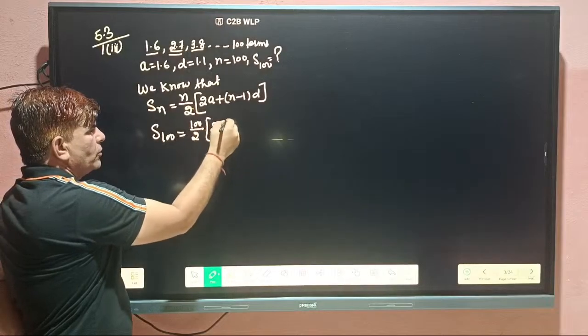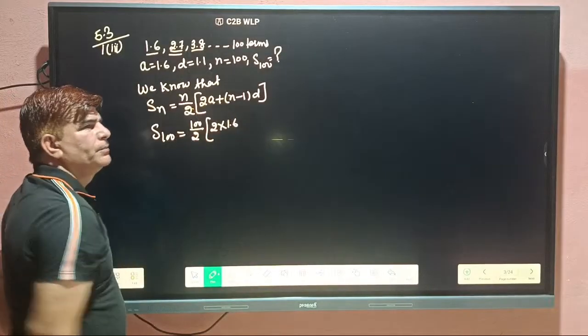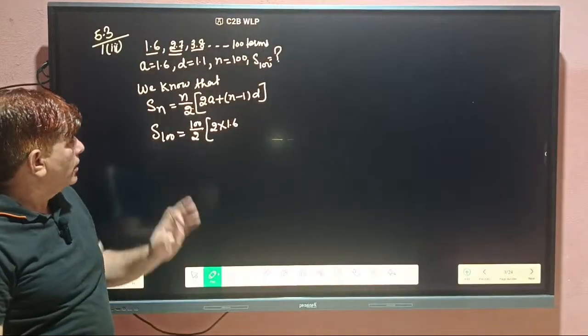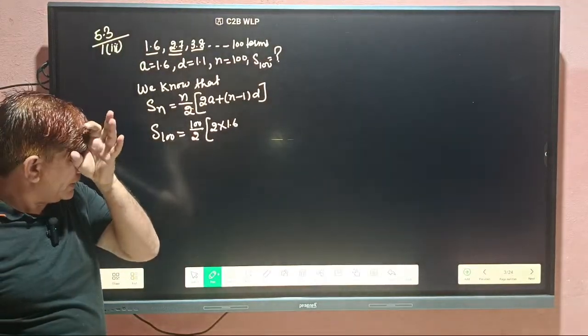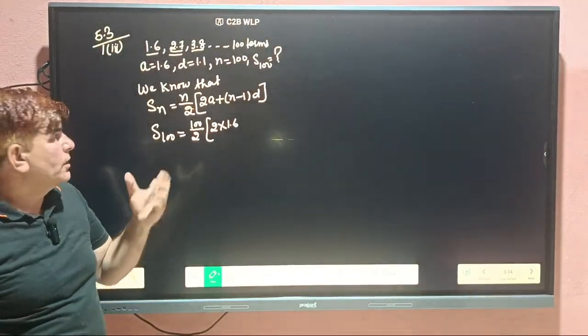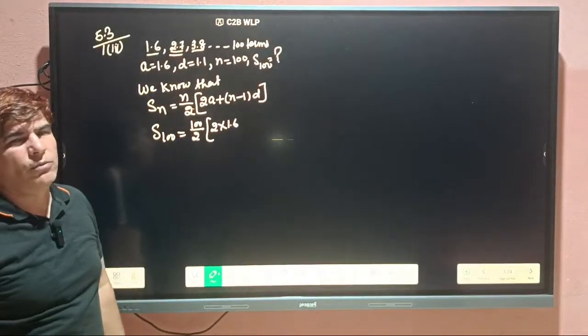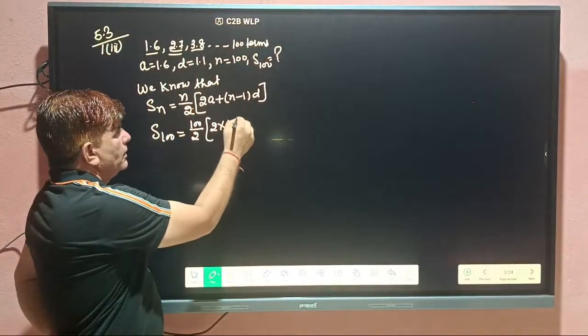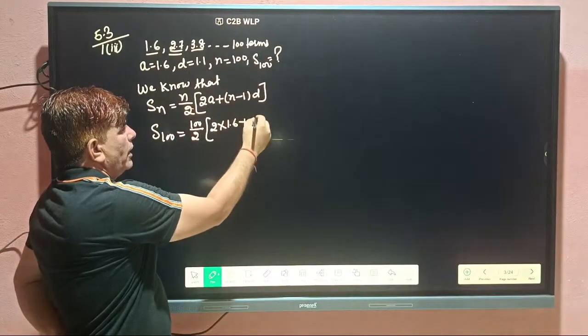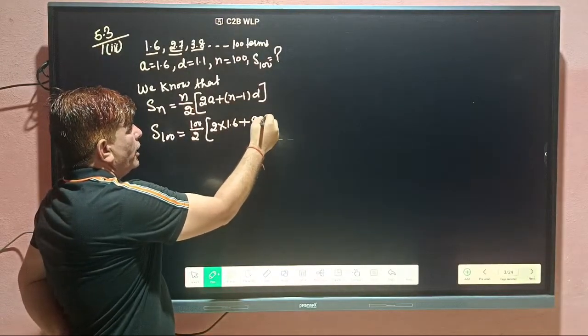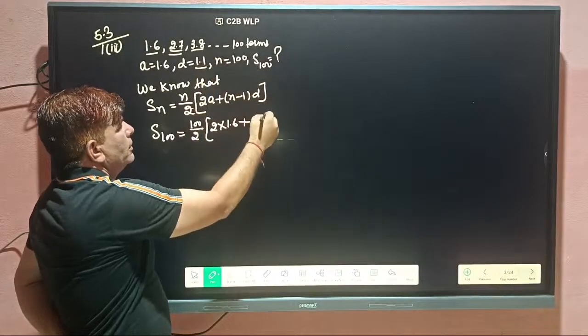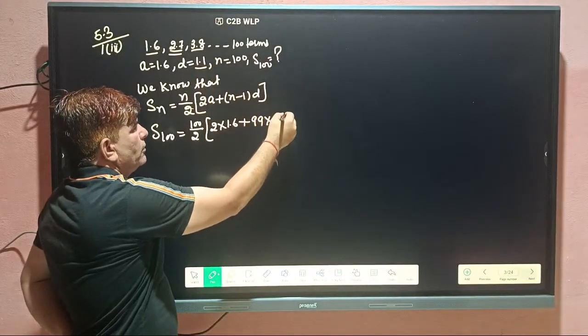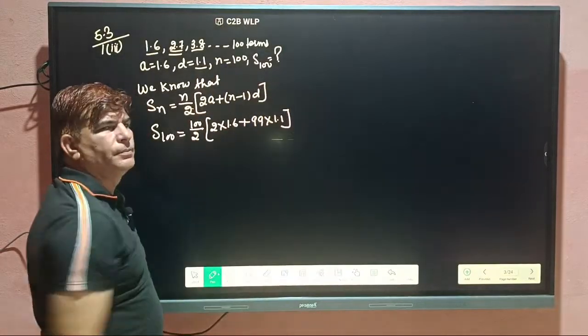2a is what? 1.6. By this question, the examiner, or you can say the writer of this book, wants to check your calculation of decimals. Plus 100 minus 1, 99. And what's your d? D is 1.1.